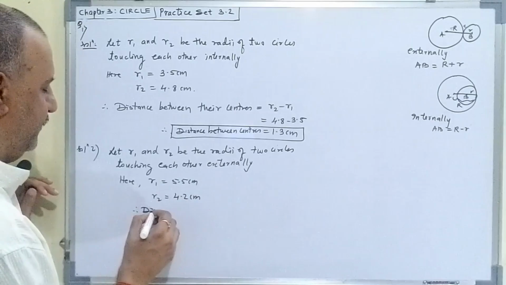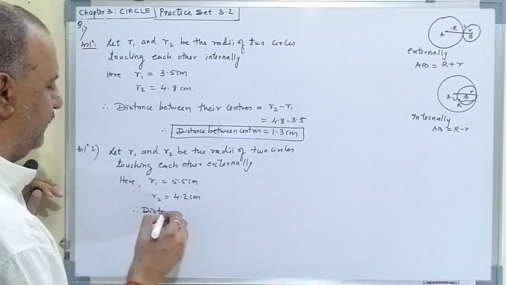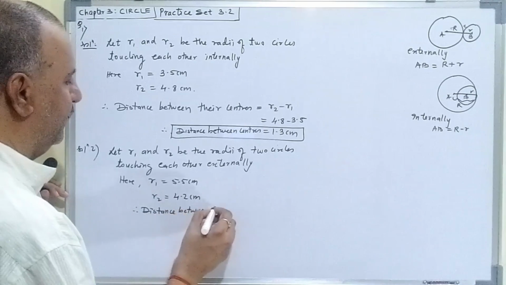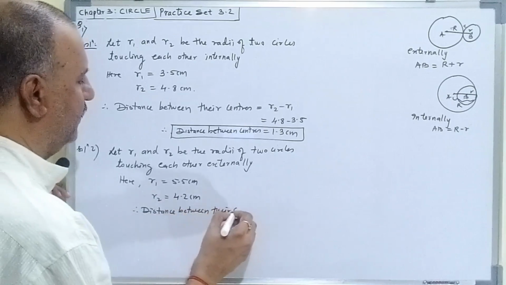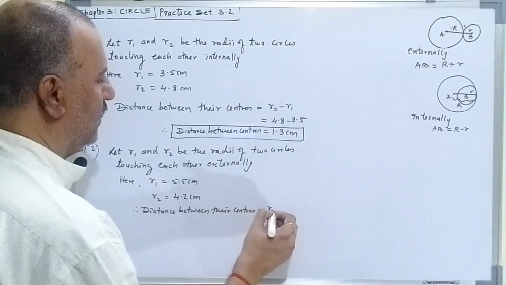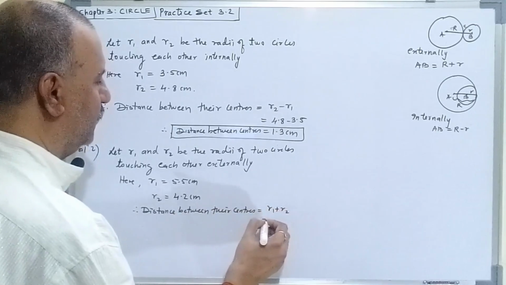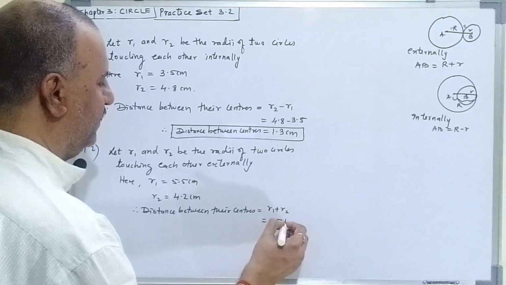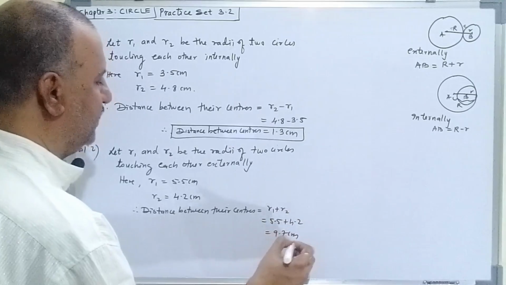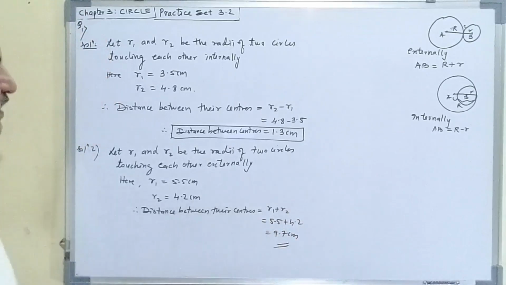Therefore, distance between their centers is equal to R1 plus R2. That is 5.5 plus 4.2, 9.7 centimeters. ये आपका आंसर.